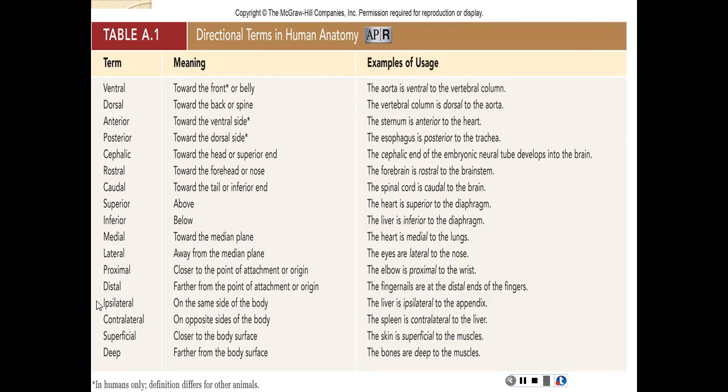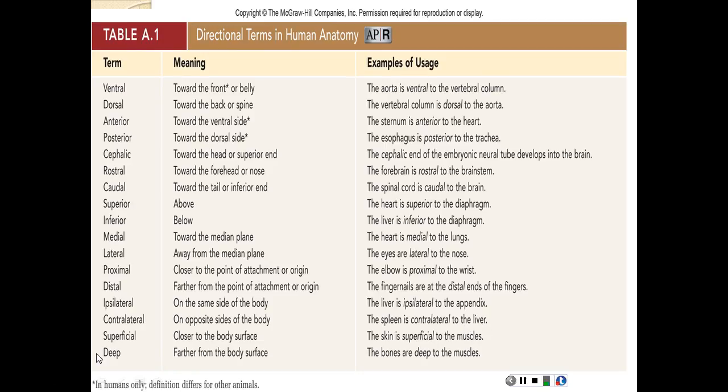And then we have ipsilateral, which is on the same side of the body. They give an example that the liver is ipsilateral to the appendix, because it is on the same side of the body. And contralateral is on opposite sides of the body. So the spleen is contralateral to the liver.